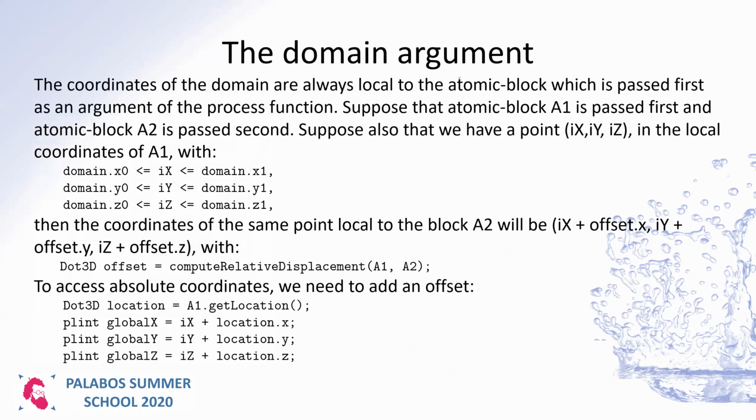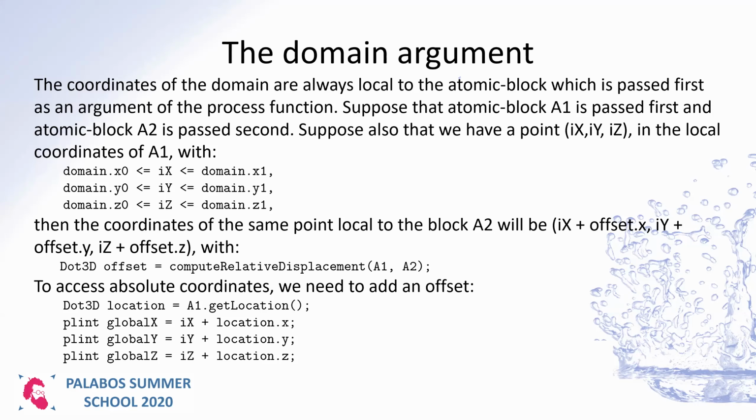So we are going to write a method which receives a domain with coordinates, in 3D, x0, x1, y0, y1, z0, z1. As arguments, you have a domain, an atomic block A and an atomic block B, and you are going to write a loop over the two atomic blocks.